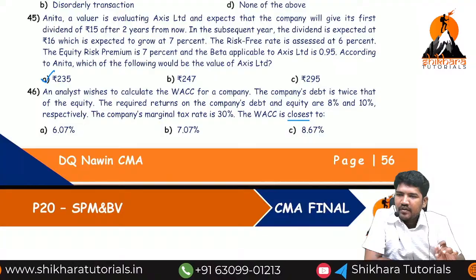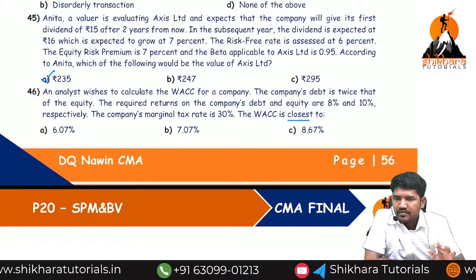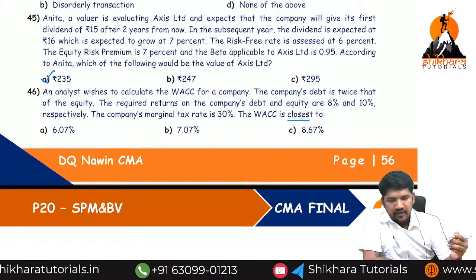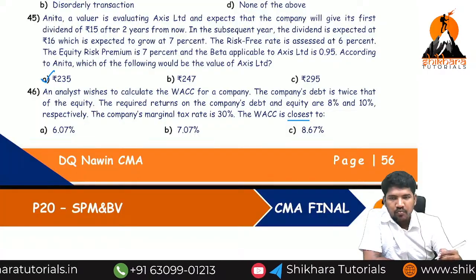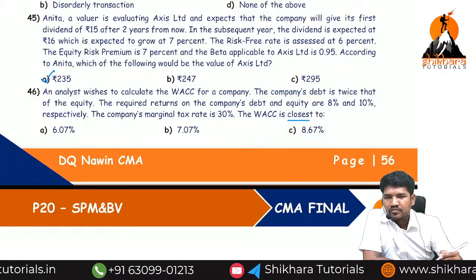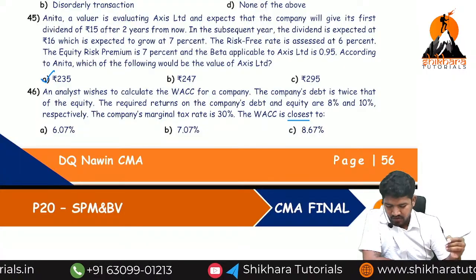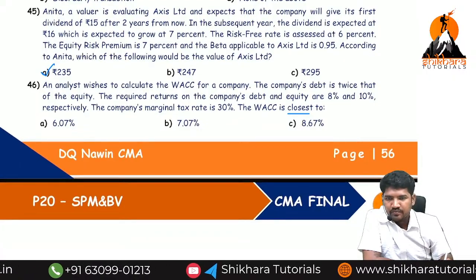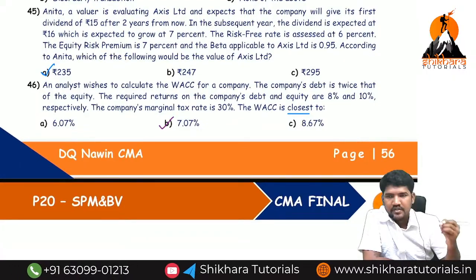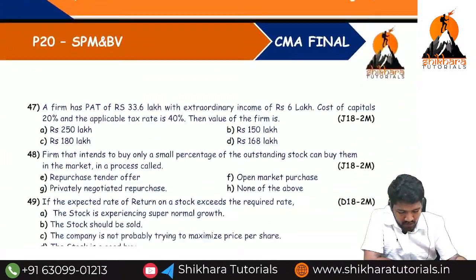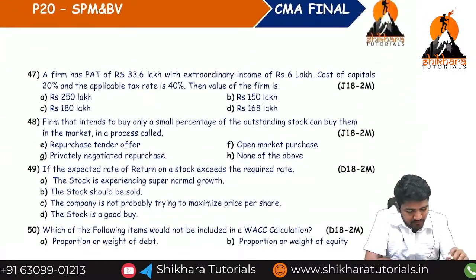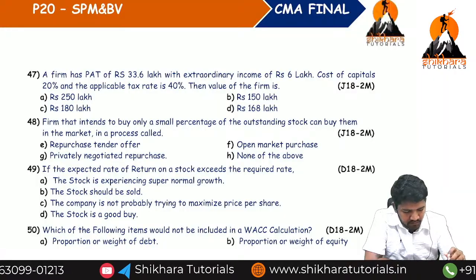Unless they specify, it's pre-tax. So generally what answer will you get, sir? 7.07%, which is the closest to 7. Now, illustration number 47.